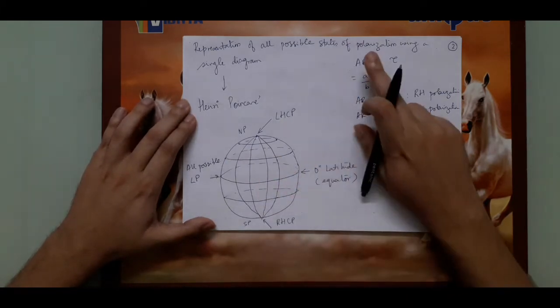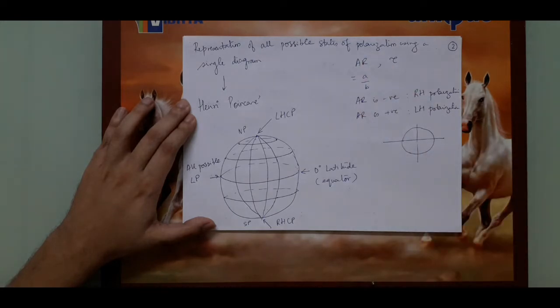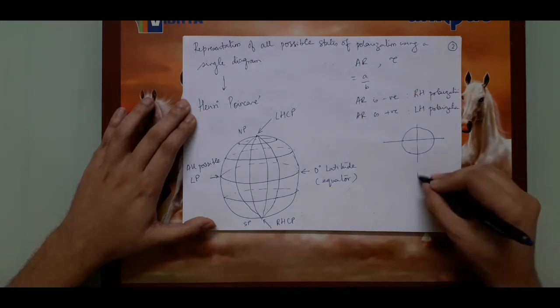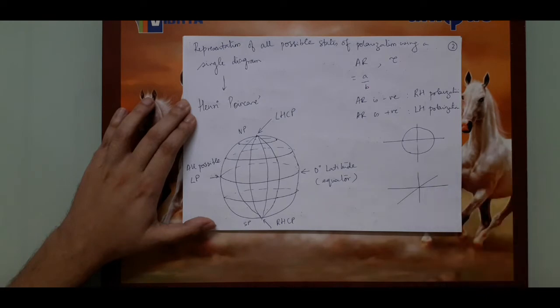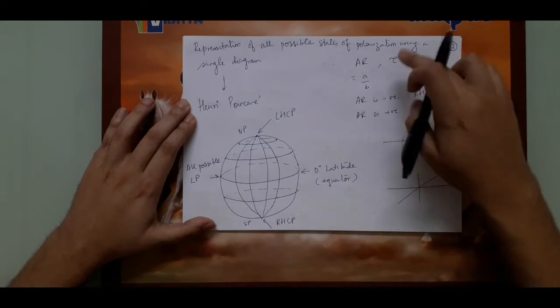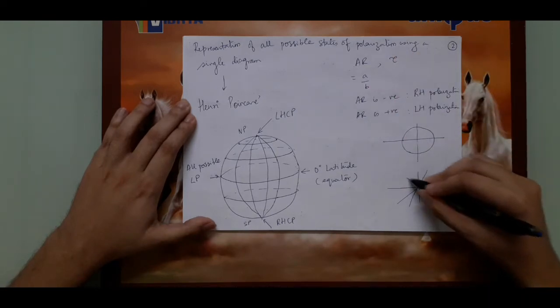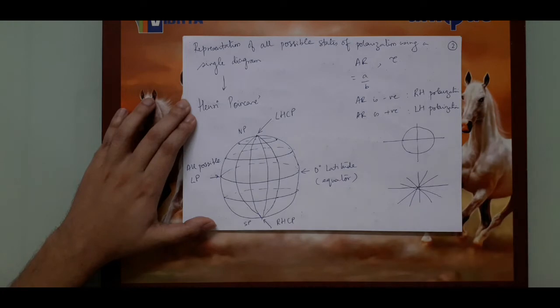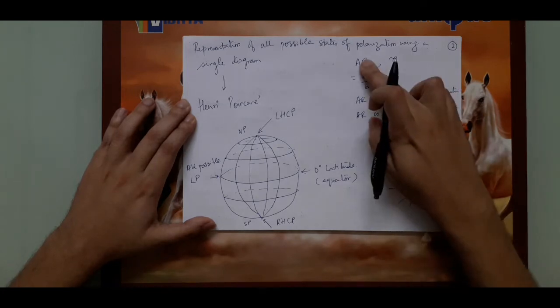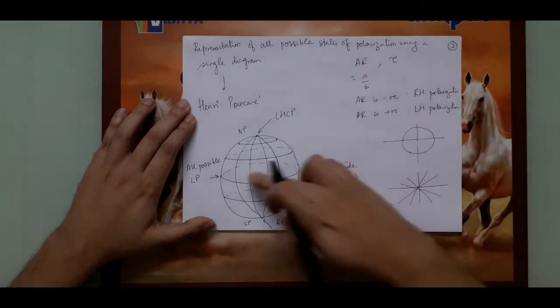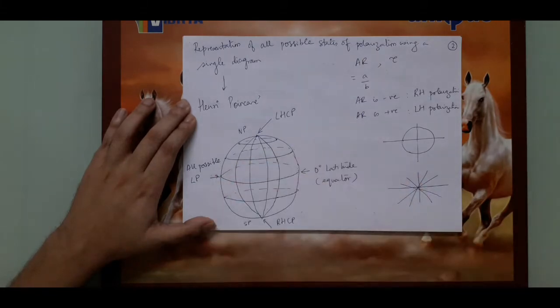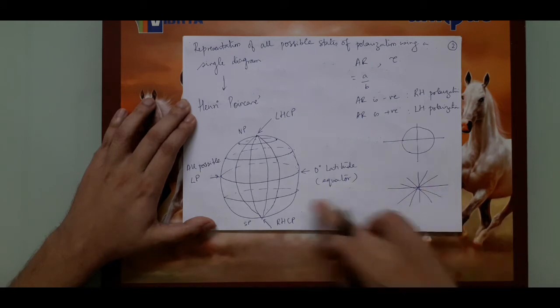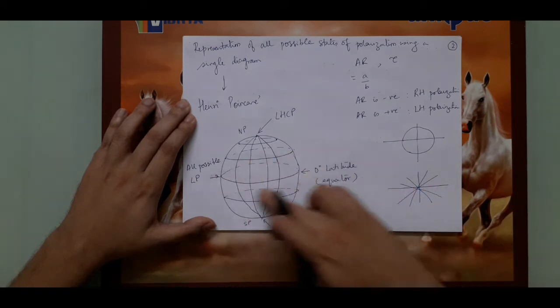Why linear? Because for linear, the axial ratio becomes infinity. It could be like this, but the tilt angle tau can change. It could be like this, anywhere. So while axial ratio is fixed to infinity, that is why you are fixed on the latitude, but since the tilt angle can change, your longitude essentially changes.